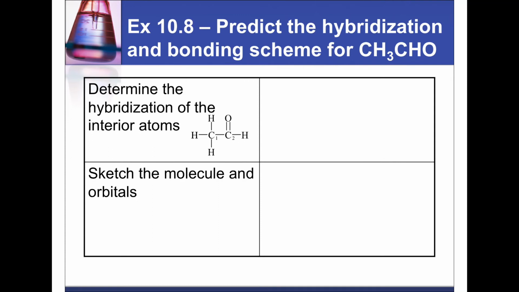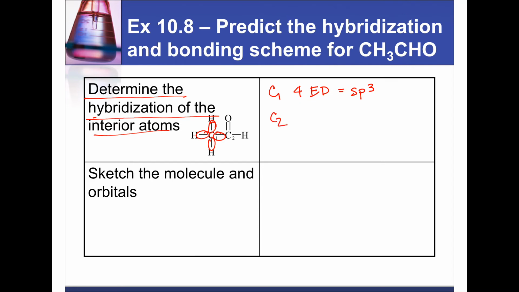Our next step is to determine the hybridization of the interior atoms, those being carbon 1 and carbon 2. And again, I'm going to use the number of electron groups around them to decide that. So carbon 1 has 1, 2, 3, 4 electron groups or electron domains, and that means that it is sp3 hybridization.